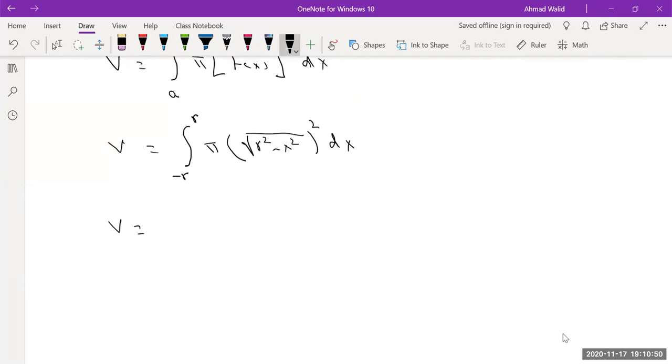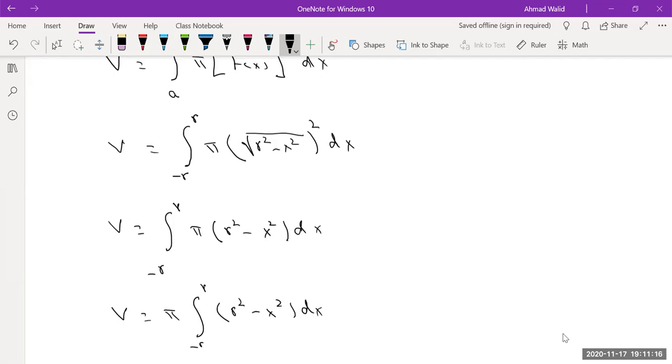Then V equals the integral from negative r to r of pi times r squared minus x squared dx. Here you can move the pi outside of the integral. You can write V equals pi times the integral from negative r to r of r squared minus x squared dx.